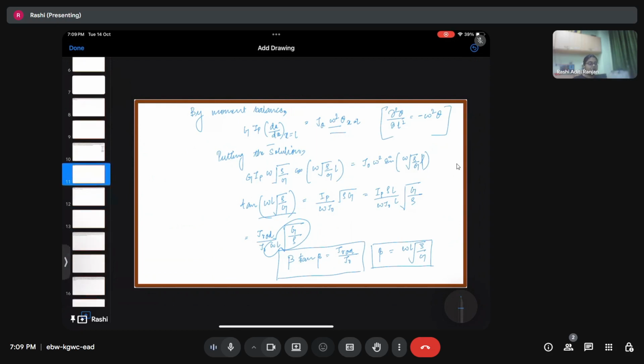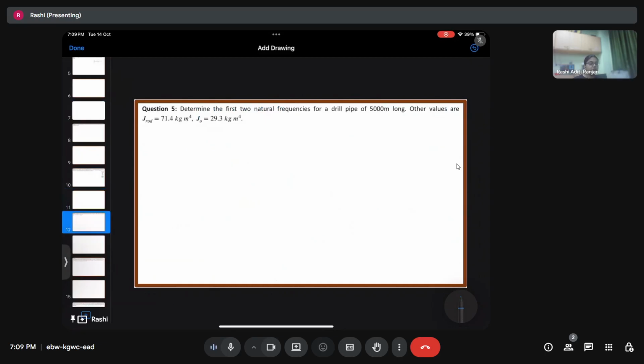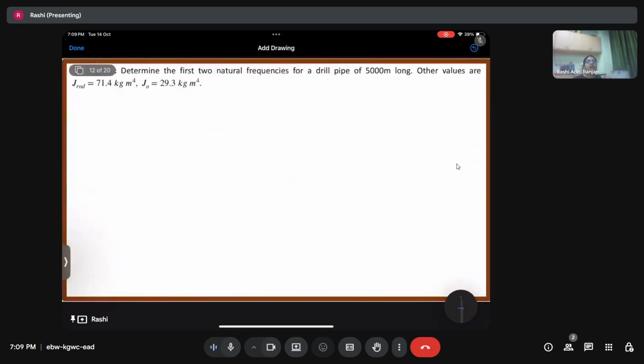But whatever frequencies we are finding out, these are the fundamental frequencies, because for a continuous system there are going to be infinite frequencies. And you must have learned in the lectures that all the other frequencies are integral multiples of what? The fundamental frequency, right? So if we know the fundamental frequency, we can find the other frequencies.